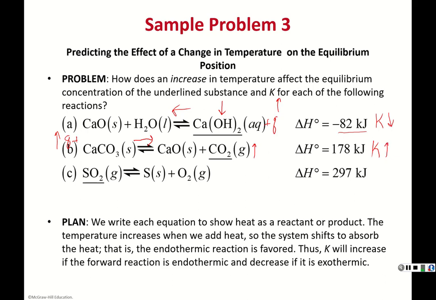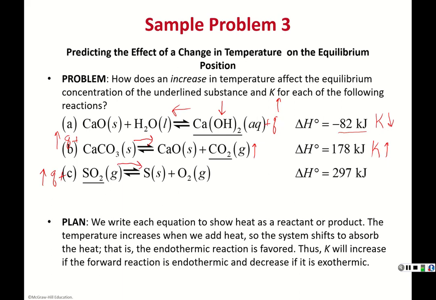And then finally, SO2 gas going to S solid plus O2 gas. This is also an endothermic reaction, so heat is going to be a reactant. An increase in temperature increases heat, and that's again going to push the reaction to the right.